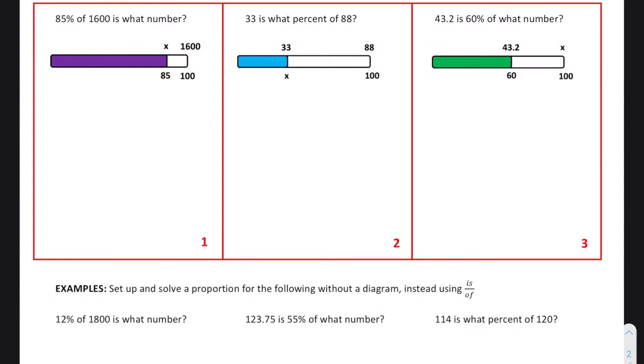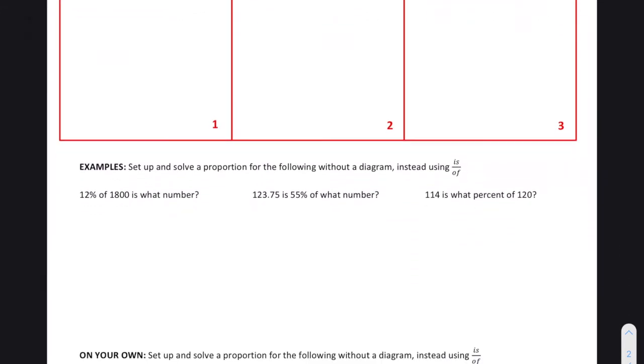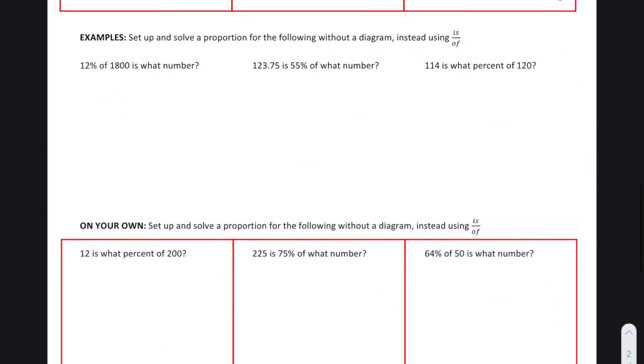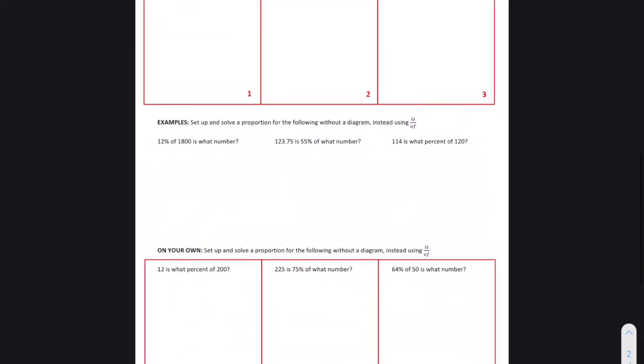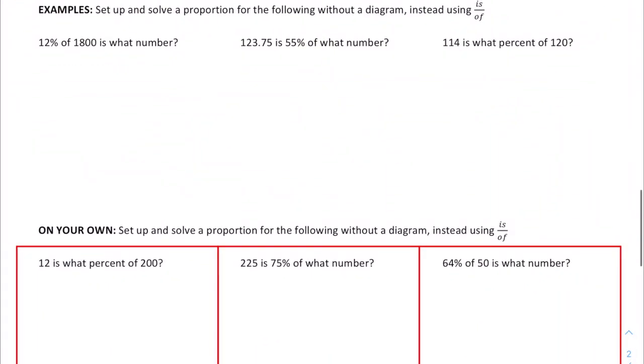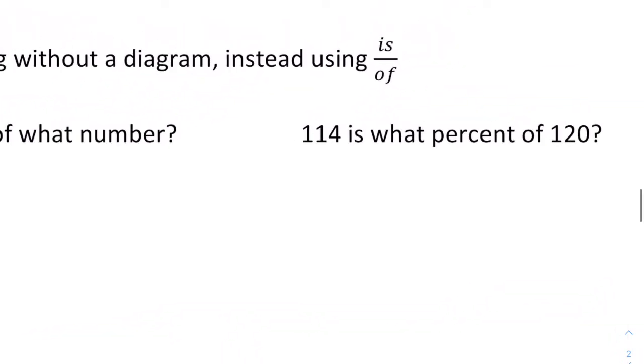All right, so in these next examples, we don't have the little diagram, and that's okay. We can do this without the diagram, because I think the is over of is a really helpful tool. And if we can remember that is over of, and I'm going to write it up over here just so we have it.